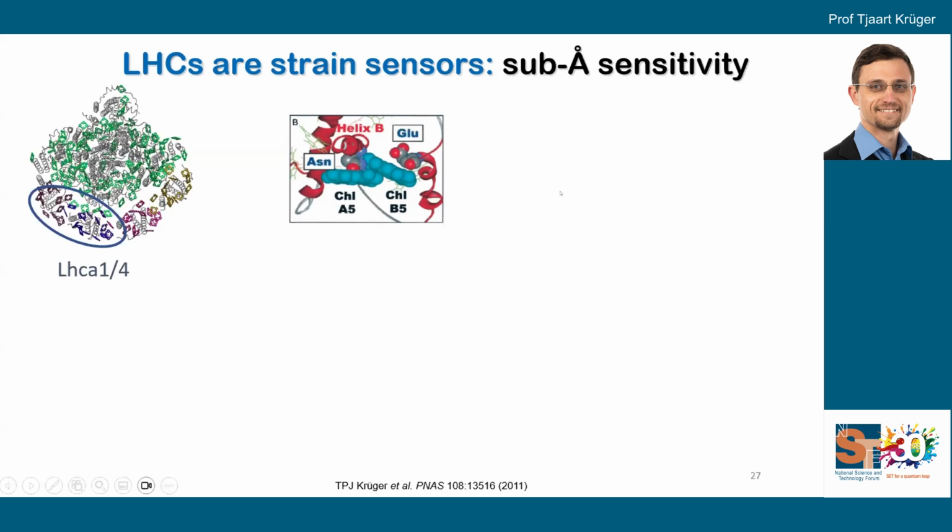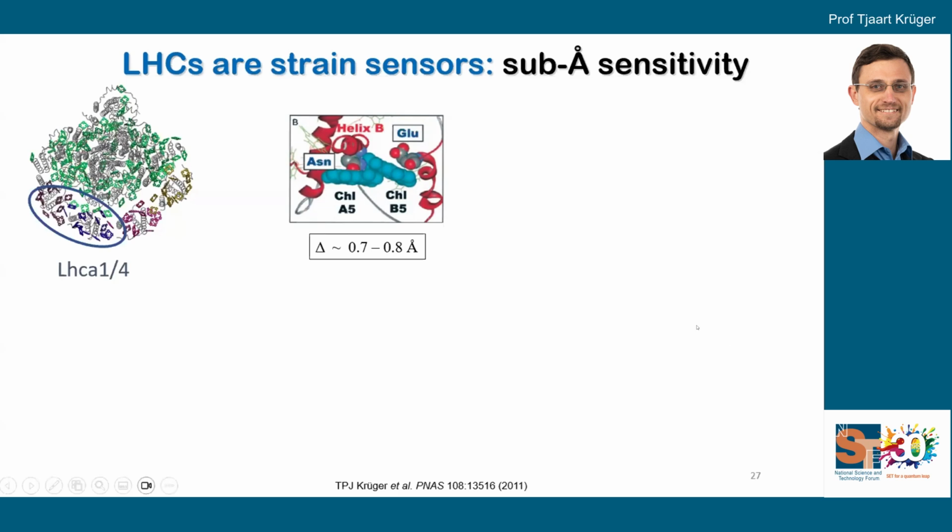And this charge transfer state overlaps with an excitonic state, and this overlap can be switched on and off by changing the distance between these two chlorophyll rings by less than 1 angstrom. An angstrom is 1/10 of a nanometer.